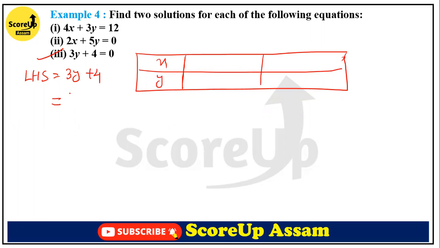Now, thrice y plus 4 should be equal to 0. So what shall we put so that we get 0?